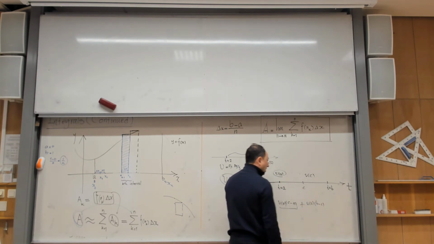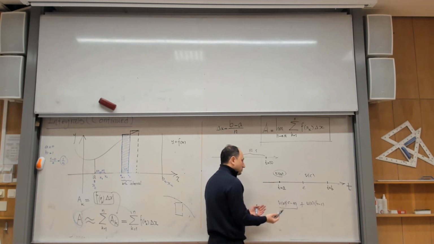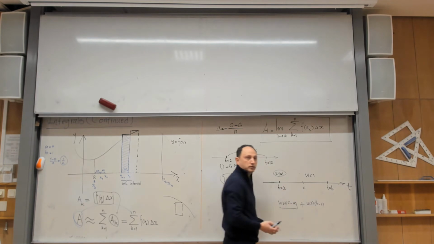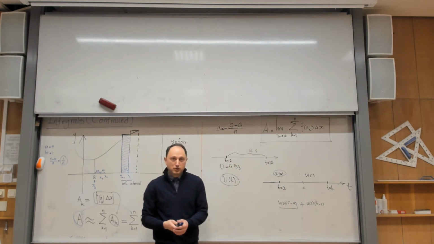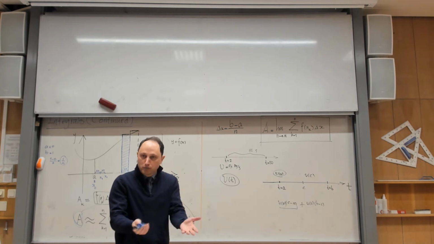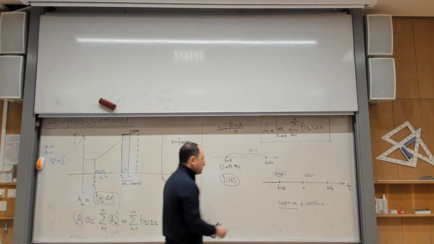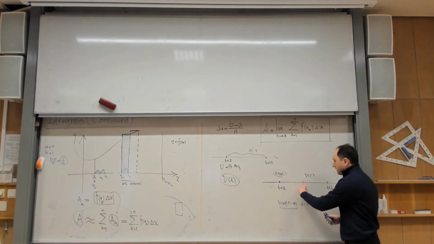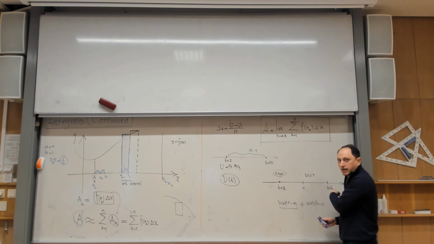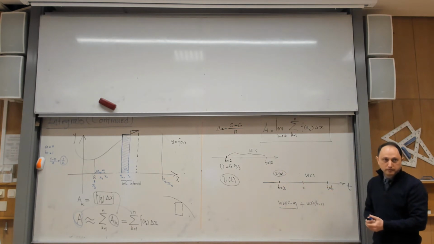If I add them, I get an approximate value for the distance of my particle during the whole interval. Is that understandable? But it is clear it is wrong. It is not precise, not completely wrong, but not precise, yes? Because I told you there is no reason that I believe the speed of my particle is constant here, because the speed of the particle is changing every time, in principle.